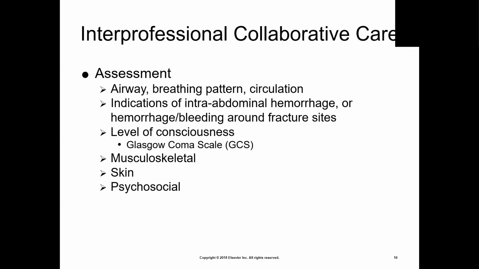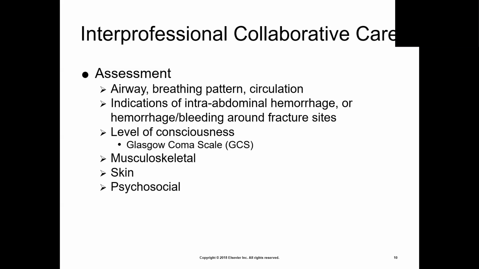Level of consciousness, again, that Glasgow Coma scale, remember 3 is unconscious and not good, whereas 15 is full neuro intact, so that's a good thing. Okay. Musculoskeletal, skin, all of these things, and then psychosocial.